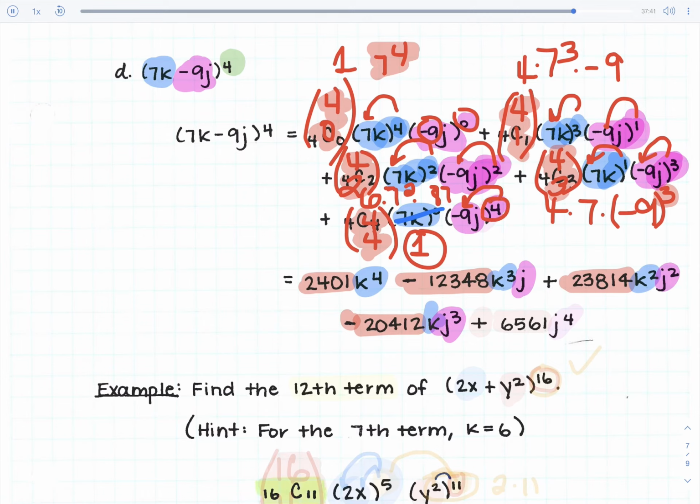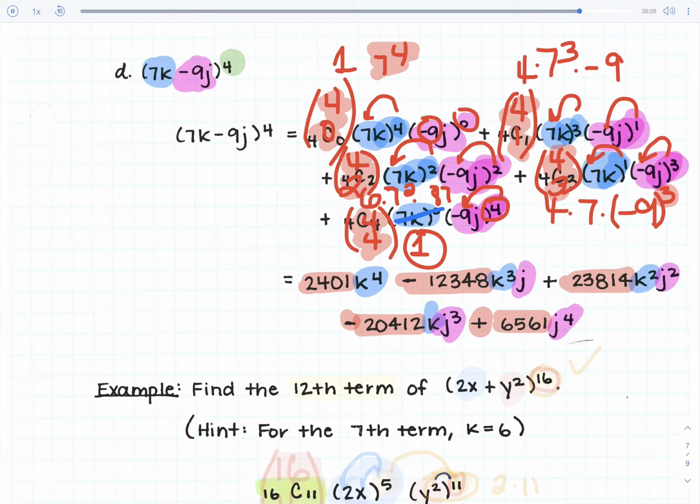Well, 9 to the 4th power is 6,561. Remember, the k's are vanished. We're working our way down with those, but up with the j's. So I have a j to the 4th power. So that's our last term.